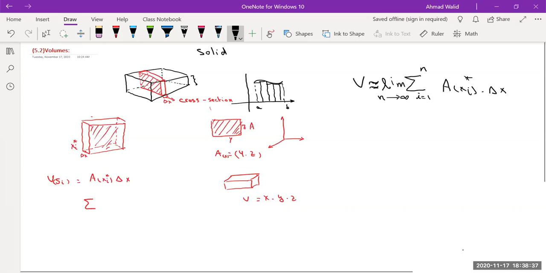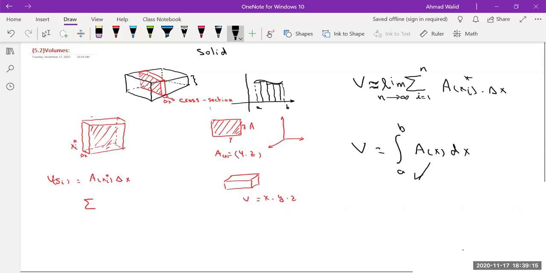Now, I think everyone knows how to write this notation as an integral, correct? Then you can write a formula here: V equals the integral from a to b in a closed interval. It's a closed interval. A(xi*) becomes A(x), the surface area, and delta X changes to what? dx, correct?